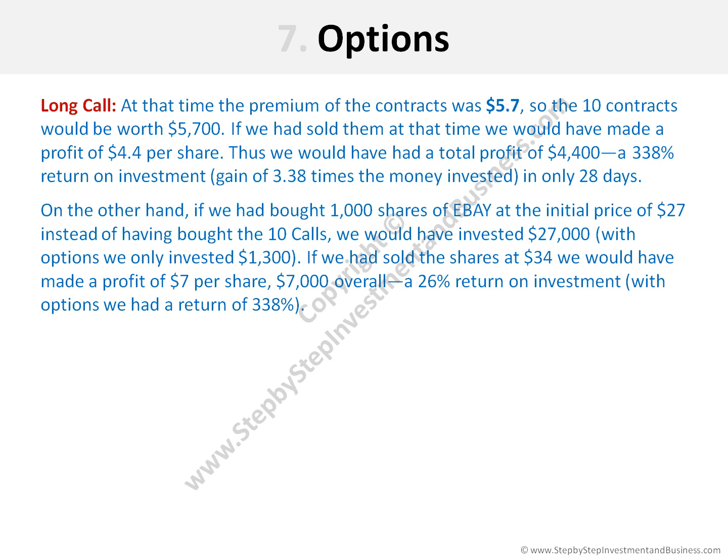We bought at $27 and we sold at $34. That is, we would have made a total profit of $7,000, making a 26% return on investment. With options, in contrast, we had a return of 338%. Clearly, here we can see the leverage effect of investing in options.